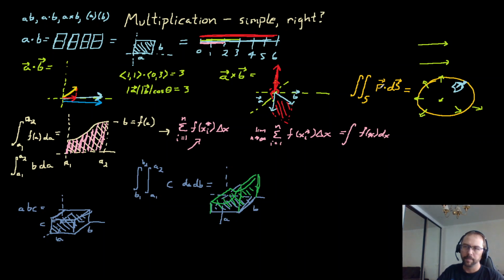Then F here is a vector field. I'm not going to draw the whole field because it's going to get really, really messy. But let's say we take F as a little vector right here. It may not point in exactly the same direction as the normal vector.